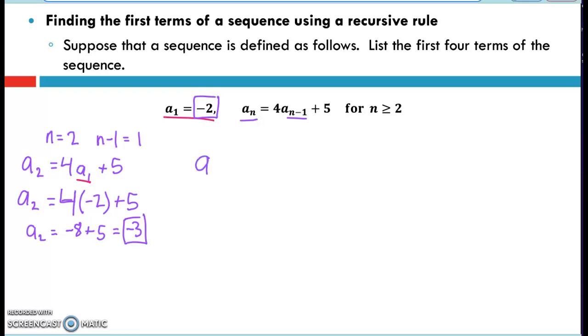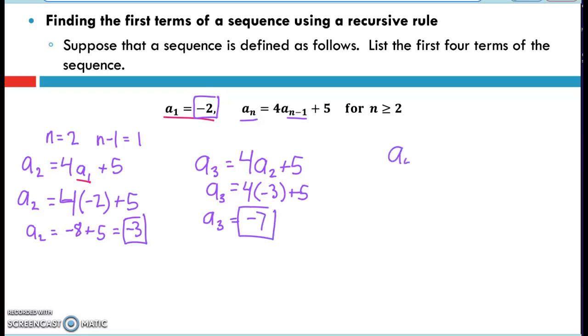So now our third term is going to be equal to 4 times a sub 2 plus 5, which equals 4 times negative 3 plus 5. So our third term is negative 12 plus 5, which is negative 7.